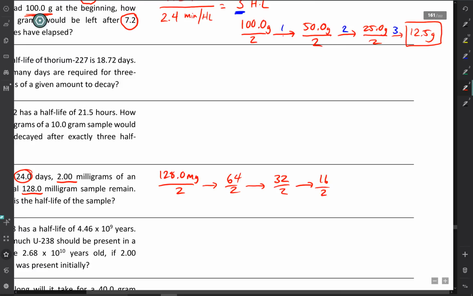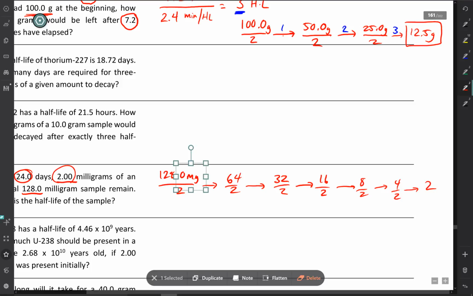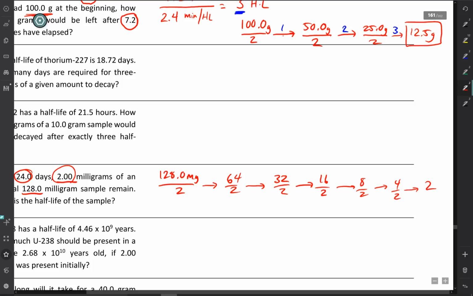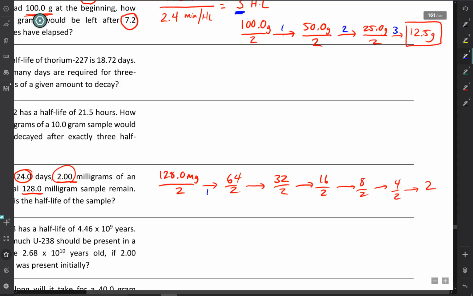Truth be told, I'm not too concerned with units right now. I'm just concerned with dividing by 2 again and again and again until I get down to, in this case, my 2 milligram sample. And here I am. I'm going to count my arrows because that's going to tell me how many half-lives have elapsed. I've got 1, 2, 3, 4, 5, 6. So I've undergone 6 half-lives.